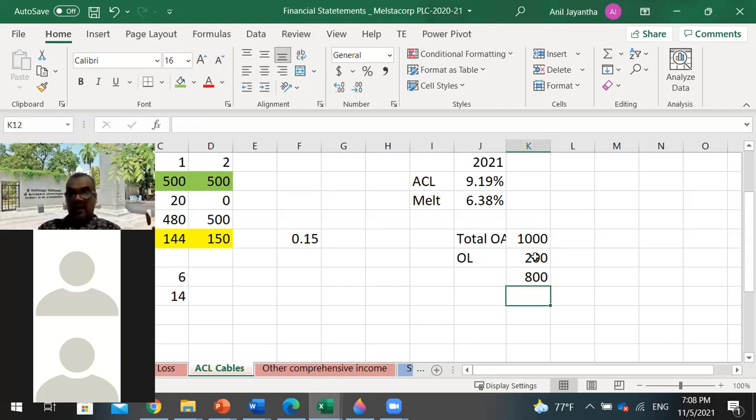Simply speaking, your owners or the entity has been enabled to maintain operations with a capacity worth 1,000 by investing 800.